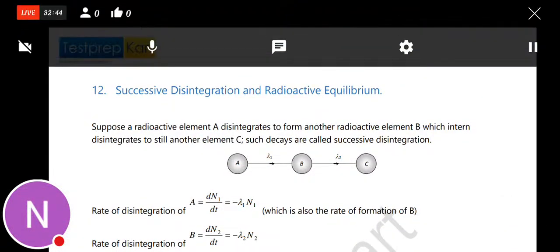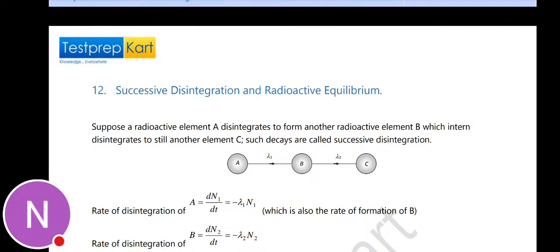The final topic of this nuclear physics chapter is successive disintegration and radioactive equilibrium. Suppose a radioactive element A disintegrates to form another radioactive element B, which in turn disintegrates to still another element, that is C. Such decays are called successive disintegration.